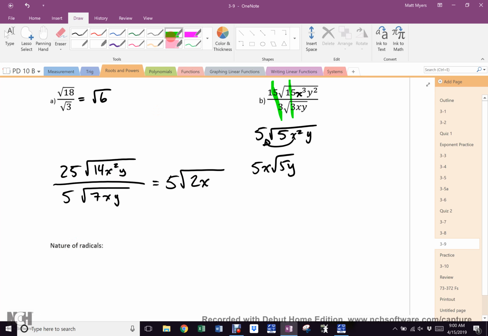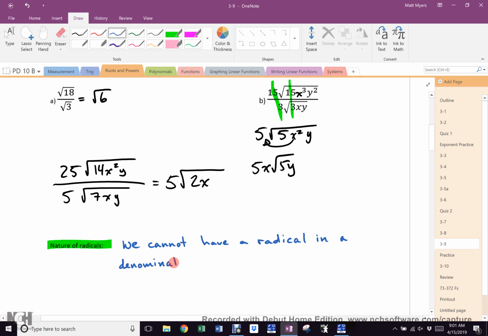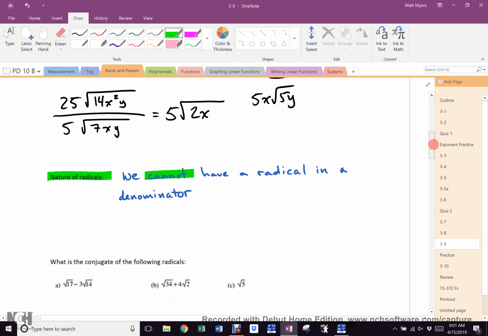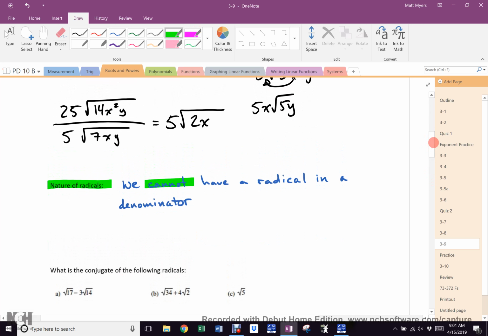Here's where the weird thing happens. The nature of radicals. Okay?